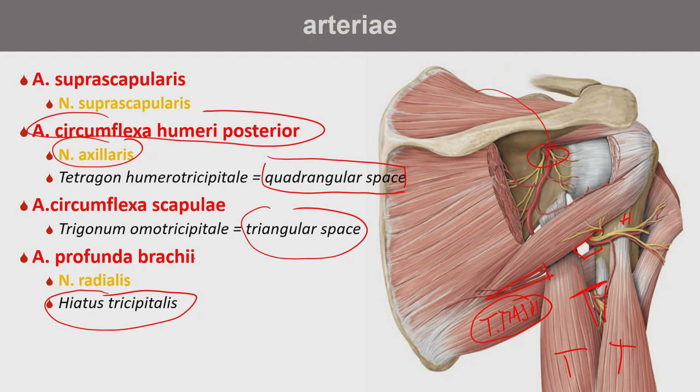One is the deep brachial artery, profunda brachii, and the second, very, very important structure is the radial nerve, which, you should know, is supplying triceps and also the dorsal group of the muscles of the forearm.